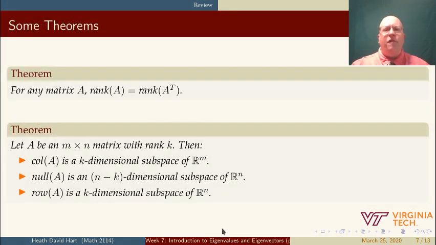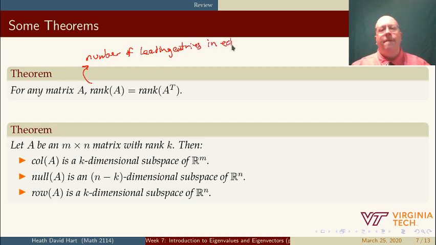I want to mention a few theorems before we move on. For any matrix, the rank of the matrix and the rank of the transpose of the matrix are the same. The rank is the number of leading entries in the echelon form. It's also the same as the number of bound columns in the echelon form.